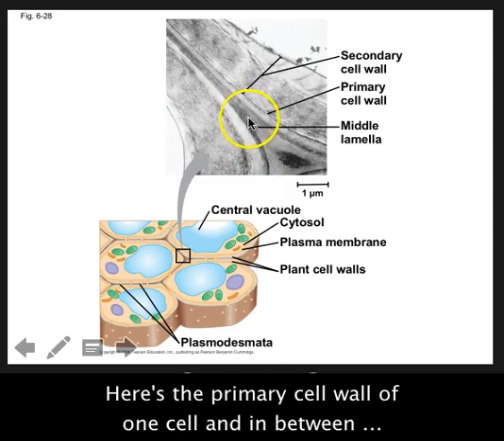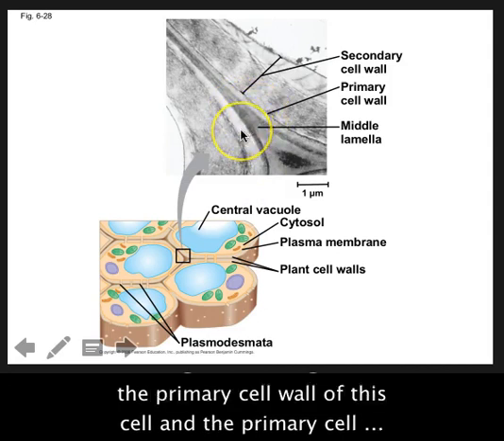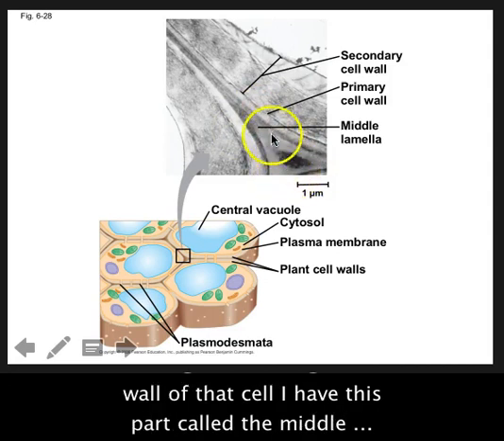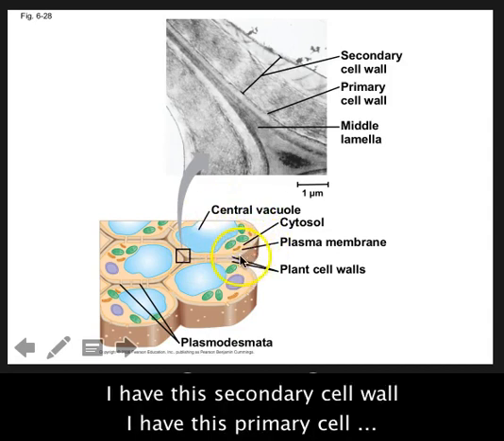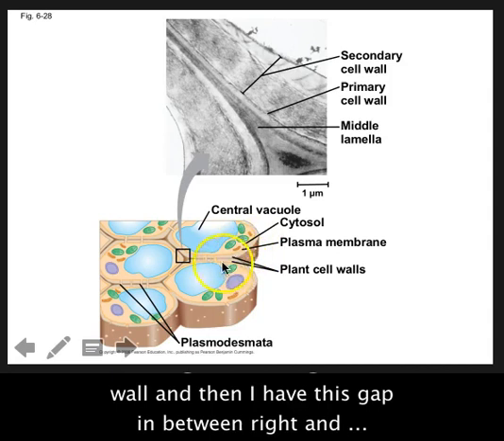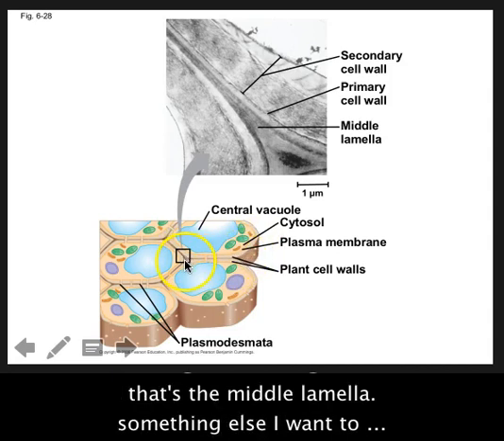And in between the primary cell wall of this cell and the primary cell wall of that cell, I have this part called the middle lamella. Okay, so you can see that here. So I have this secondary cell wall, I have this primary cell wall, and then I have this gap in between, right? And that's the middle lamella.